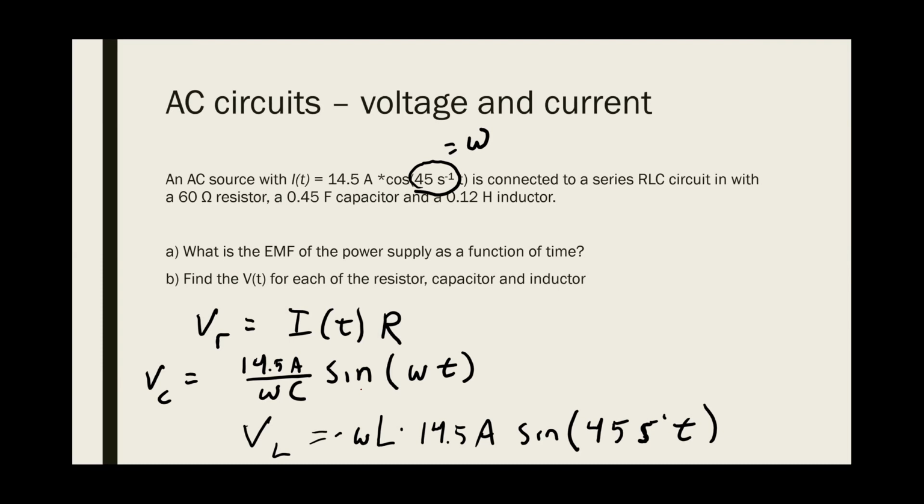For the capacitor, I can multiply by the capacitive reactance rather than by the resistance, and I get phase shifted from a cosine function to a sine function. For the inductor, I can multiply by the inductive reactance, so omega times L rather than the resistance, and I get shifted to a negative sine function.